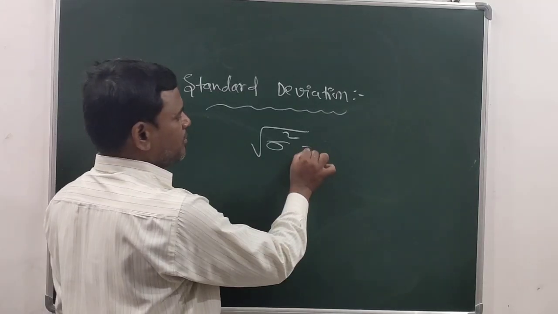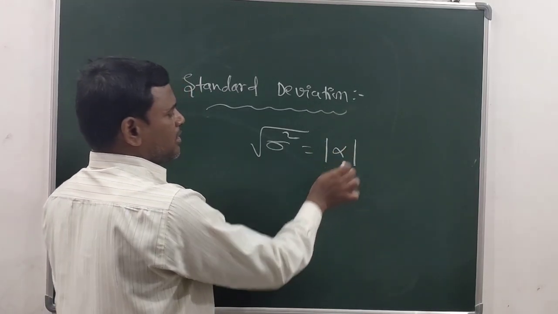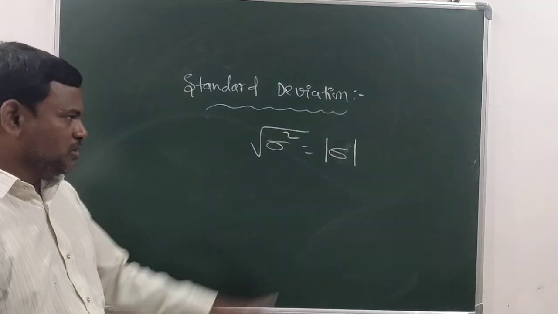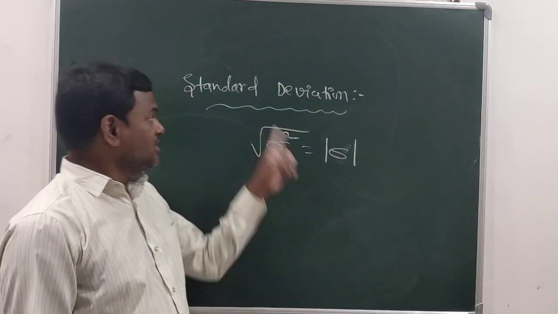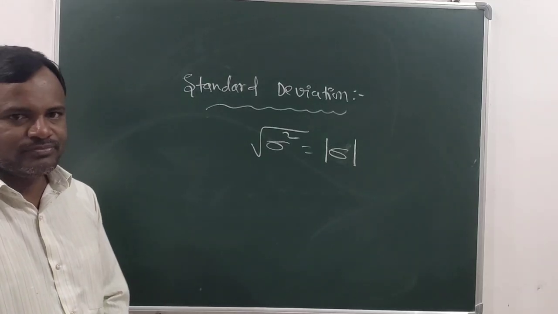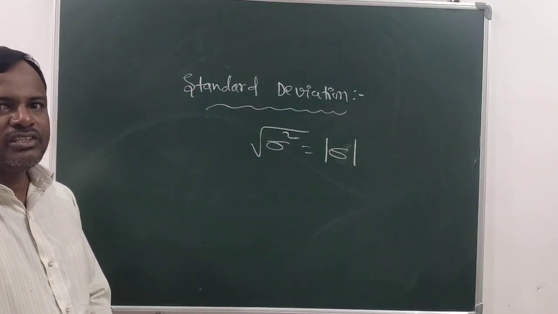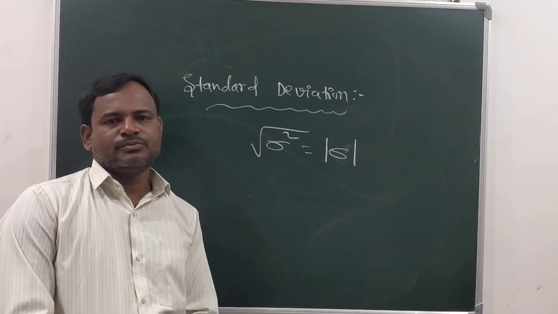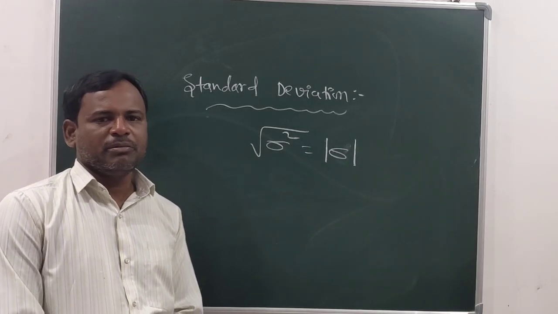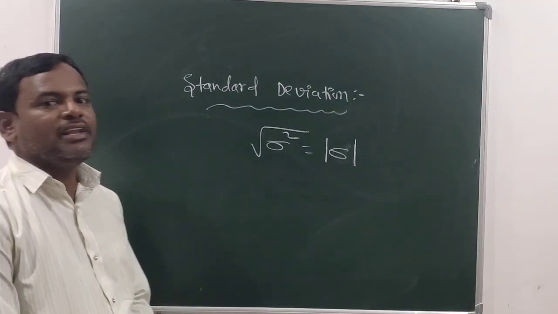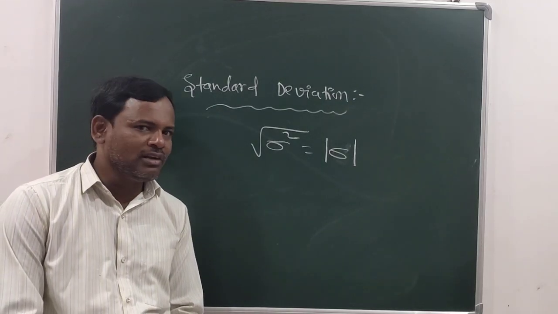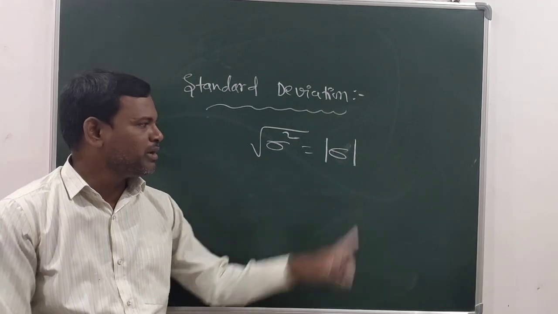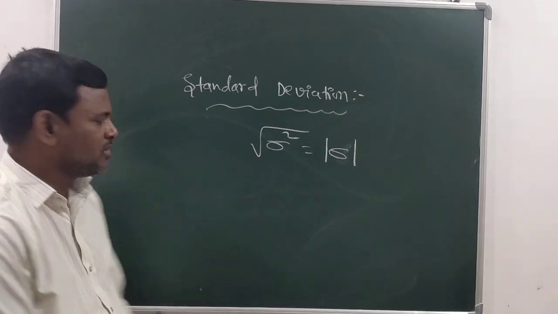If you find the square root of variance, you get this positive sigma. This positive sigma represents standard deviation. Standard deviation is always positive. Remember that point. You have learnt how to prepare variance; just take its square root to get the standard deviation.